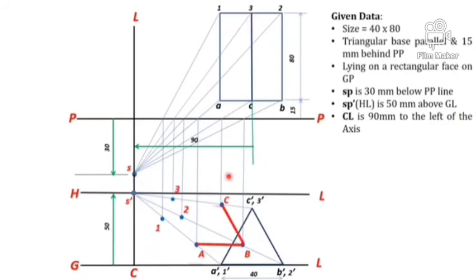Now we consider the rules to find the visible edges and invisible edges. The first rule is draw all the boundary lines of the perspective view with visible lines. All the boundary lines of the perspective view are visible.